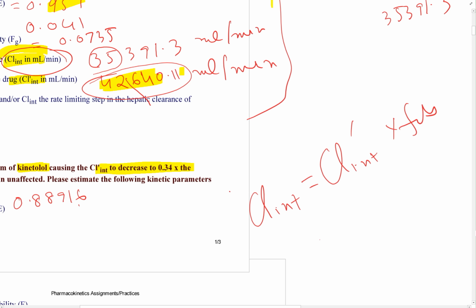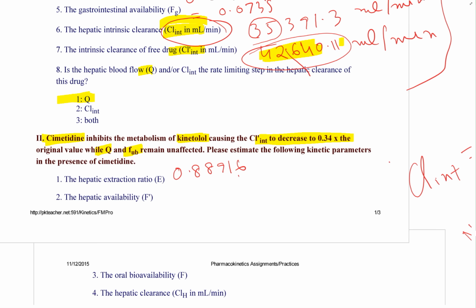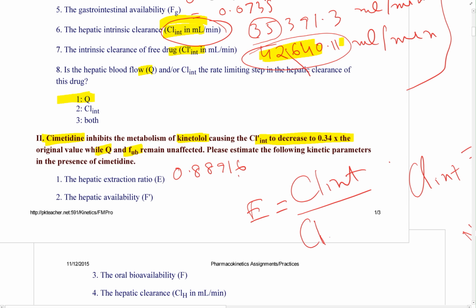This will give you the new CLINT. When you have the new CLINT, you just use that equation: E is equal to CLINT divided by CLINT plus Q, and this will give you the new extraction ratio. And once you know this extraction ratio, then the other things are easy.